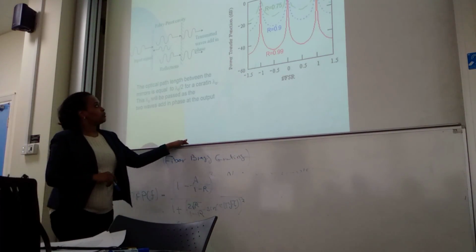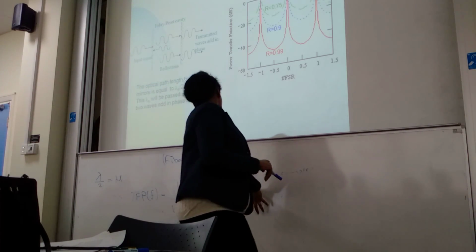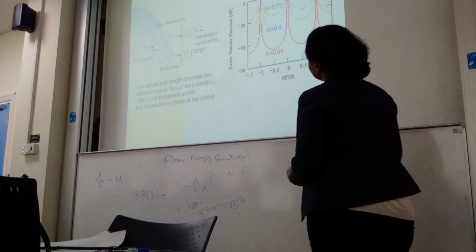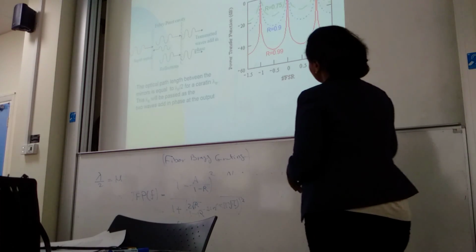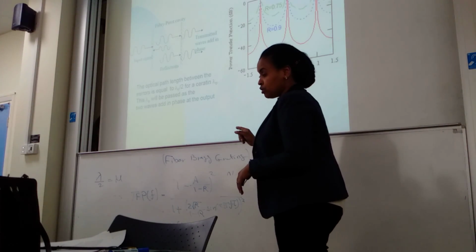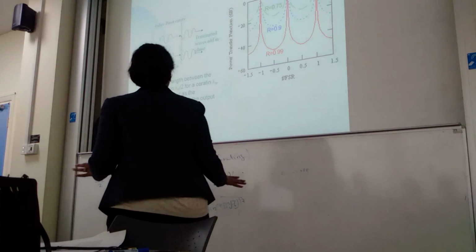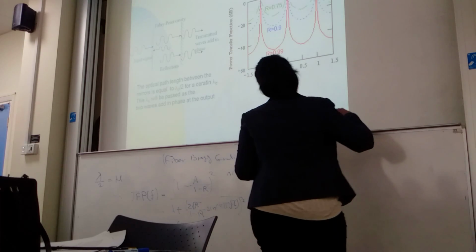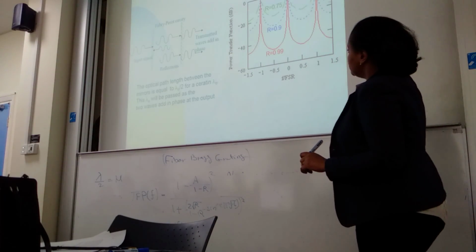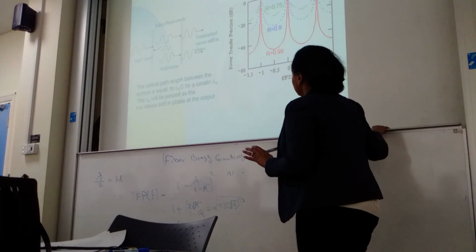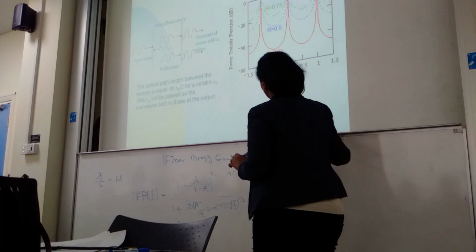You can see here the power transfer function, which is given as you can see here. And we see the power transfer function here for A equals 0, so very low absorption, virtually 0 absorption, and for different reflectivity: R equals 0.99, 0.9, and 0.75.